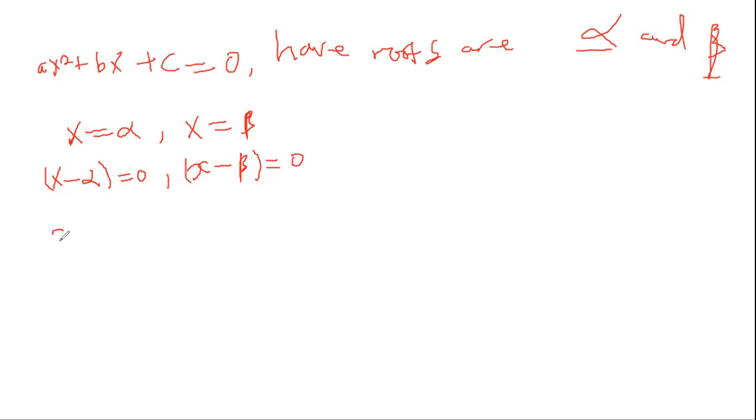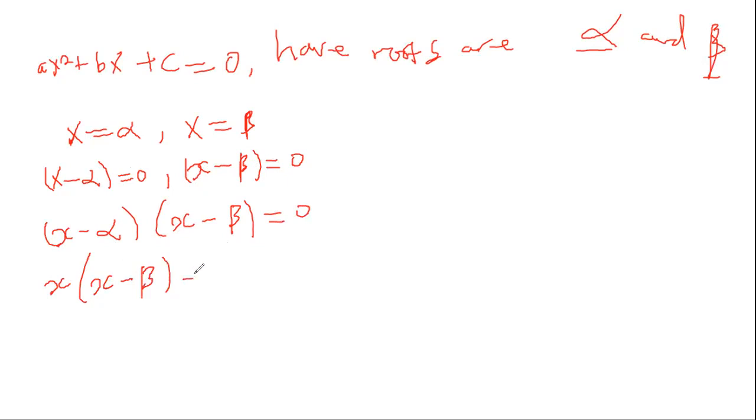Then another step: we multiply the two, x minus alpha into x minus beta, and this will be equal to 0. Then we open brackets, so x into x minus beta, then minus alpha into x minus beta, equal to 0.